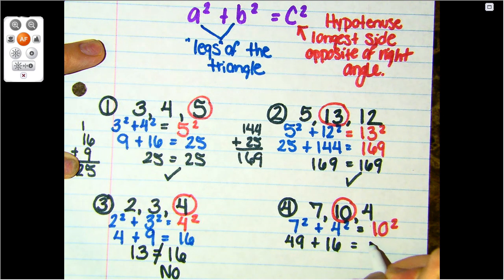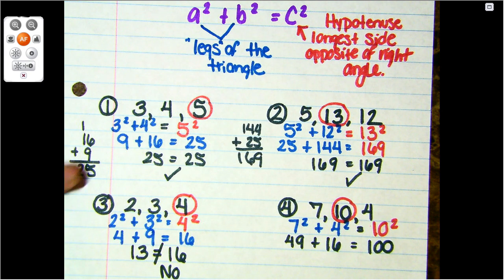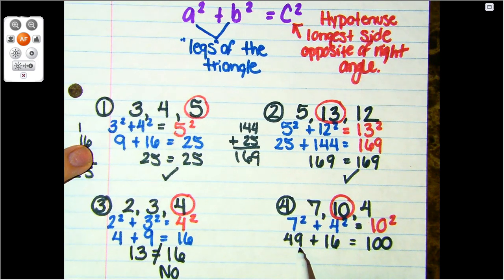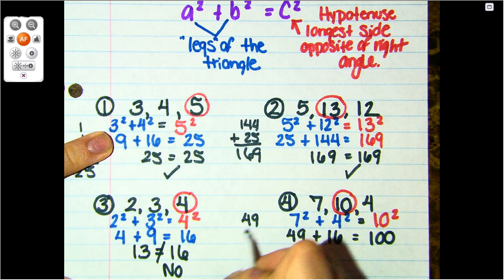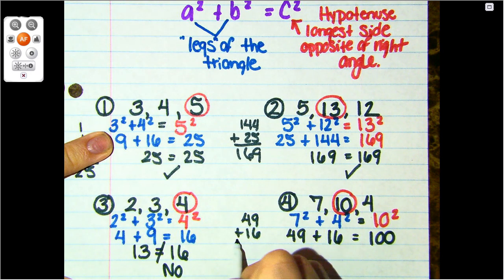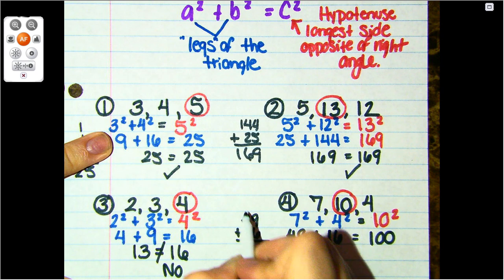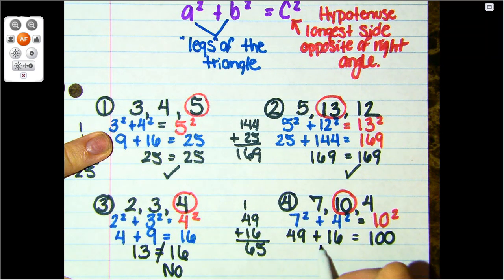And 10 squared is 100. So our next step is determining if 49 plus 16 is in fact 100. 9 plus 6 is 15. 5, 6. Does 65 equal 100? No, it does not.